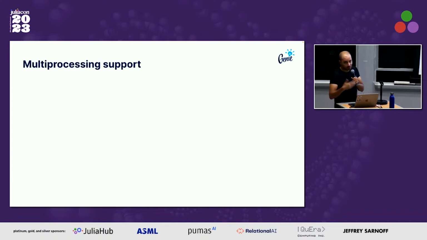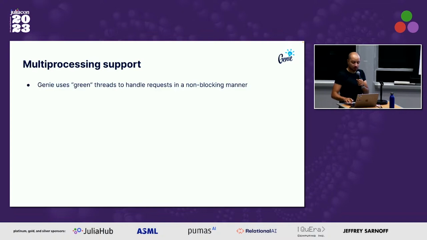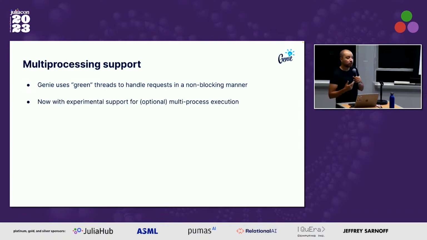Now, getting on to the new features introduced in this new version, one of the most exciting ones, very often requested by the community, is support for running Genie on multiple processors. In this new version, Genie is using green threads to handle requests in parallel in a non-blocking manner. We have also added experimental support for multi-process execution.